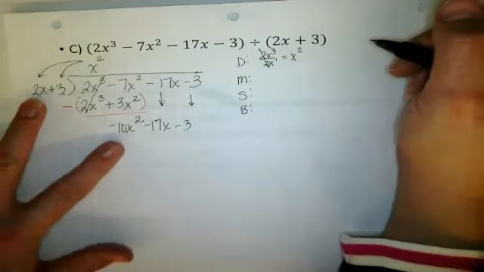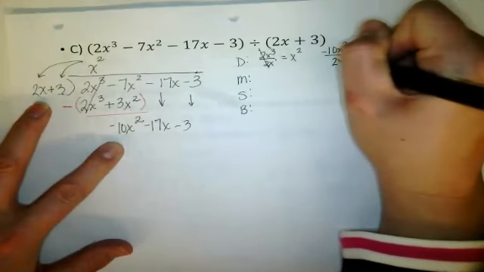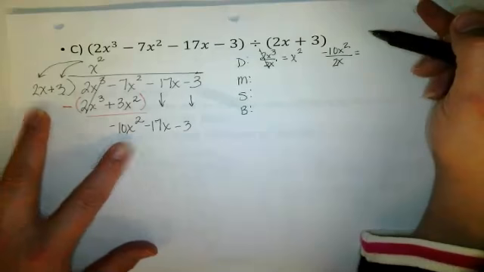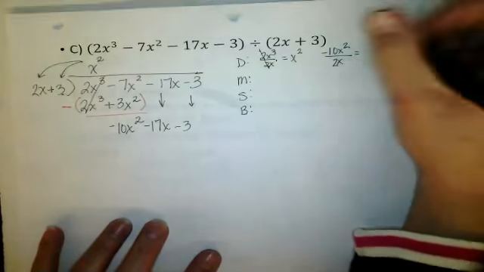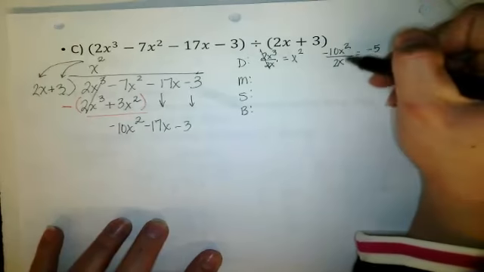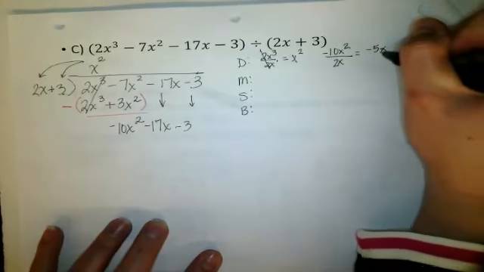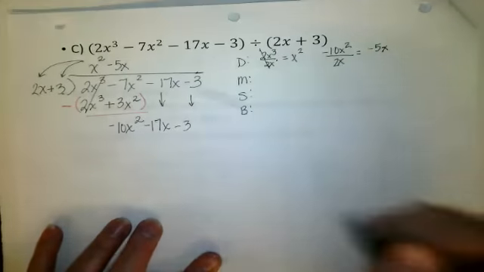All right. And then we repeat the process and we go back to division. And so we look just at the leading terms. Negative 10x squared divided by 2x. How does that clean up? What happens with the negative 10 divided by 2? Negative 5. And x squared divided by x? Just x. So we get negative 5x.